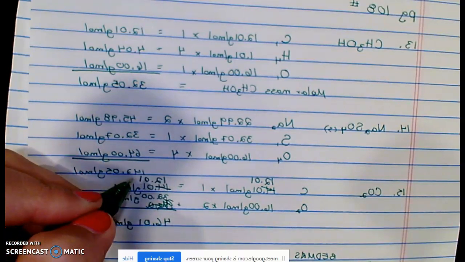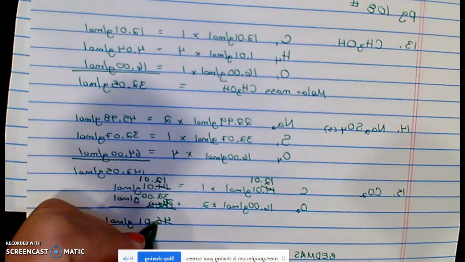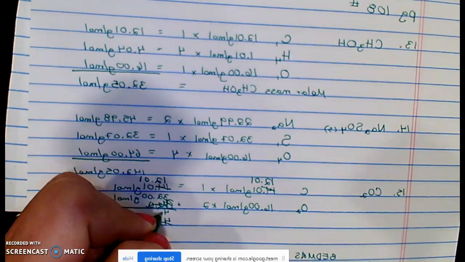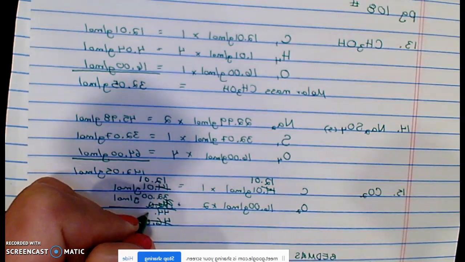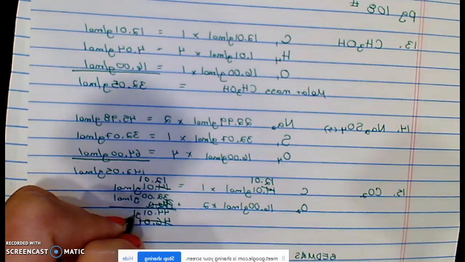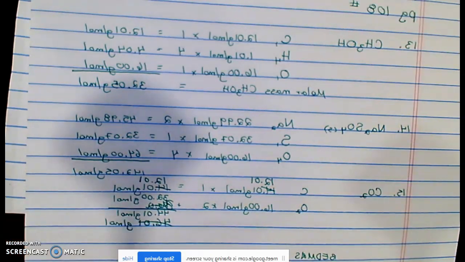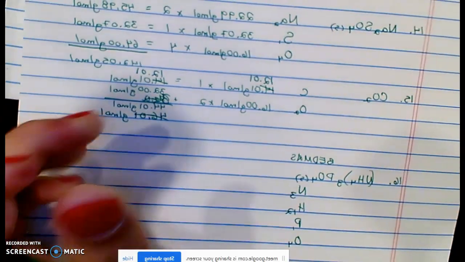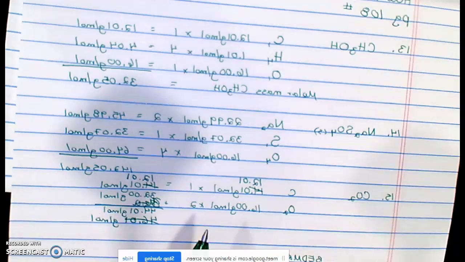See how I just cross it out? It's faster. A little bit messier. But I still get the right answer. Okay. Oops, we're hiding. Okay, you're doing it.